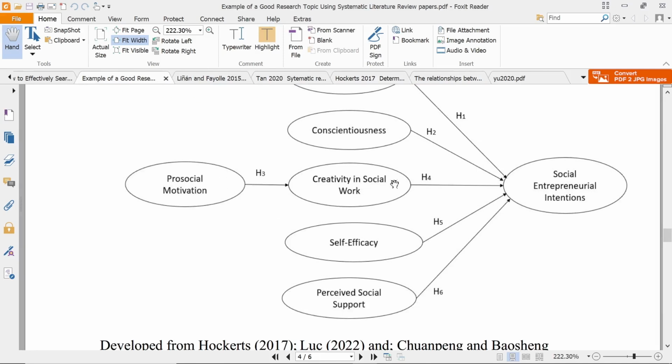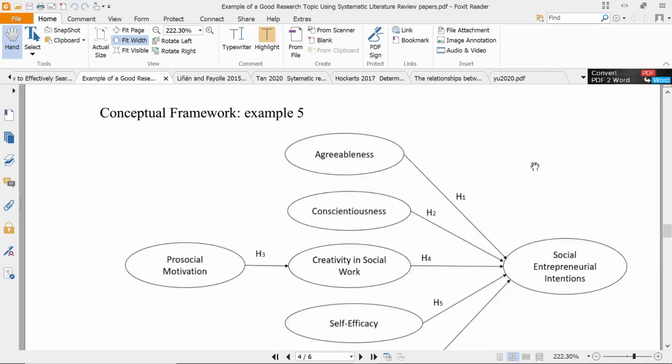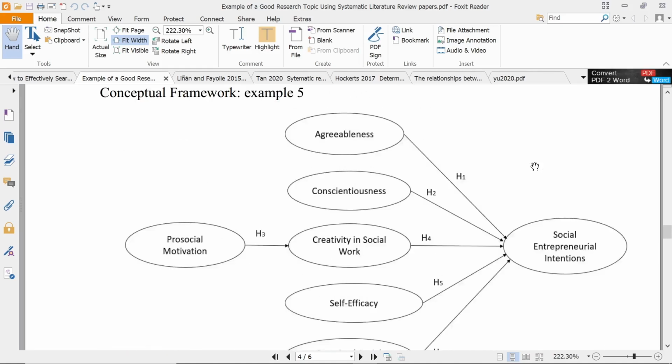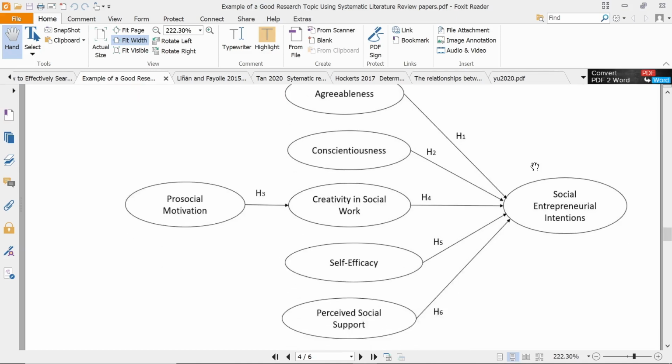Then there's pro-social creativity. So it's very tricky to develop a conceptual model. There are many things you have to look out for. Like in some instances they might give you a limit of using 5 variables. So whatever thing you do in research, you have to give a scholarly justification.